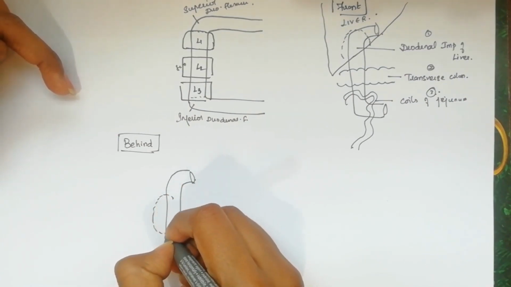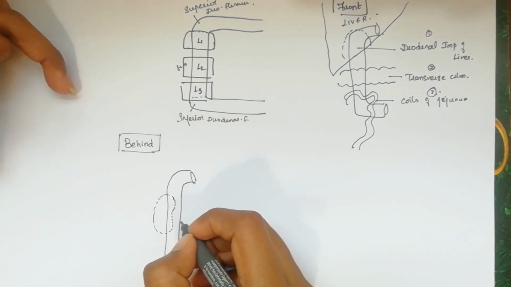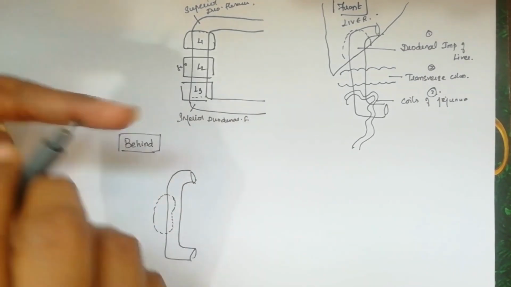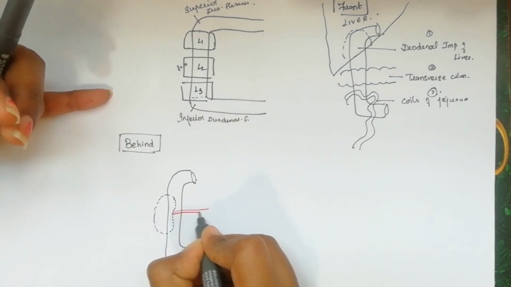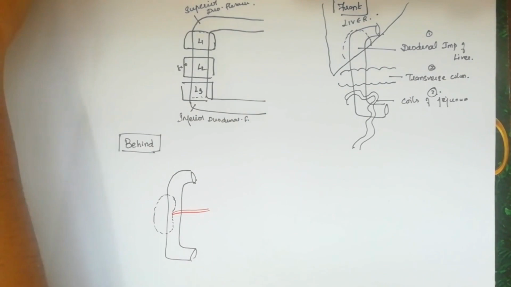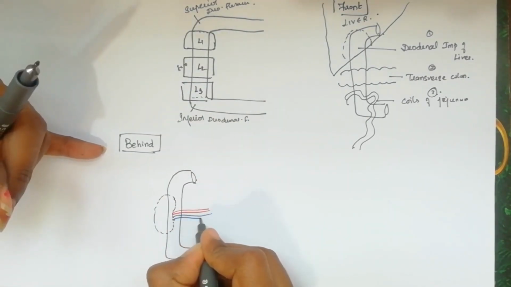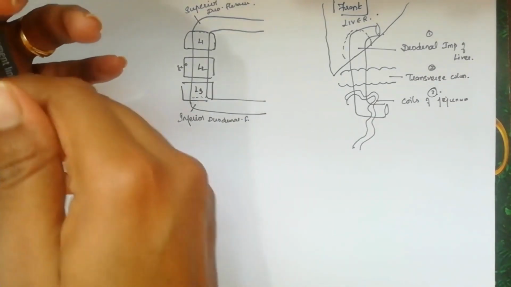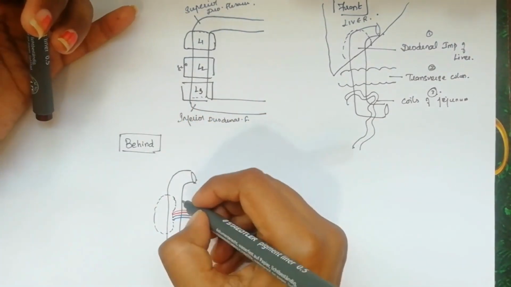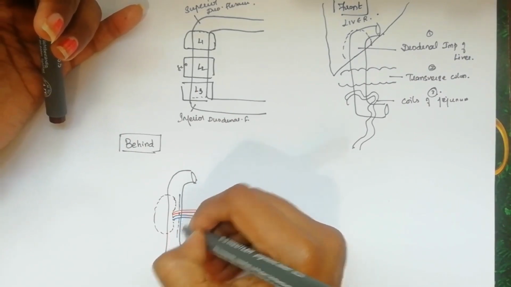From the right kidney we have some vessels emerging, such as the renal artery and renal vein. Before these extend, we have one more relation over here, that is the inferior vena cava.